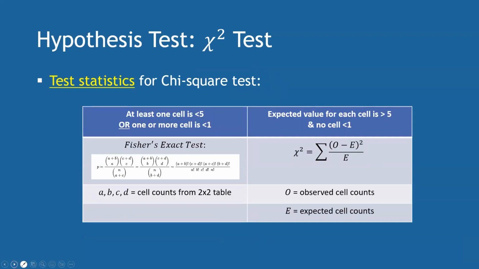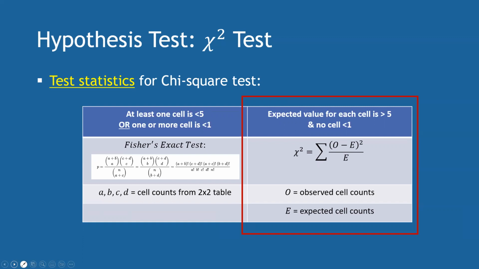Okay, so the next step that we take when doing a hypothesis test is we need to figure out which test statistic we're going to use. So we said that we're going to do a chi-square test, and that's indicated here in the right-hand side of the column. Now, I want to mention that there are specific rules or guidelines that you're supposed to use whenever doing a chi-square test. So for a chi-square test, you need the sample size to be sufficiently large for the different properties of the statistical test to work well.